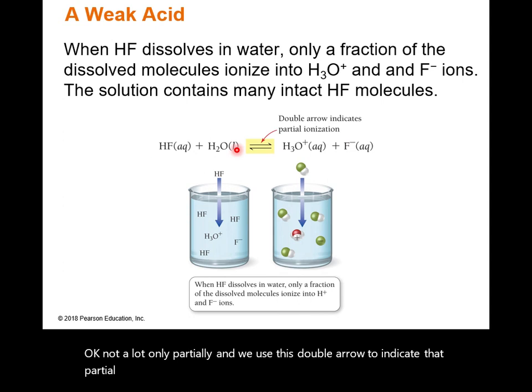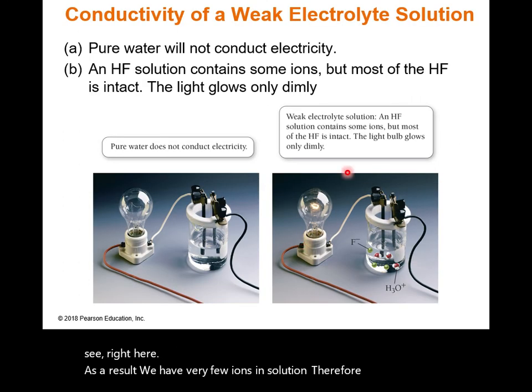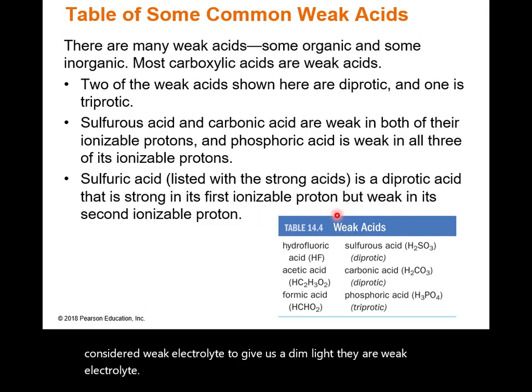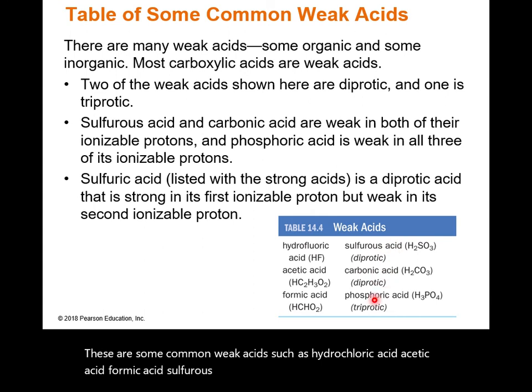Most of the compound will stay in intact form, as you see right here. As a result, we have very few ions in solution. Therefore, weak acids are considered weak electrolytes. They give us a dim light. These are some common weak acids, such as hydrofluoric acid, acetic acid, formic acid, sulfurous acid, carbonic acid, and phosphoric acid. Those are weak acids.